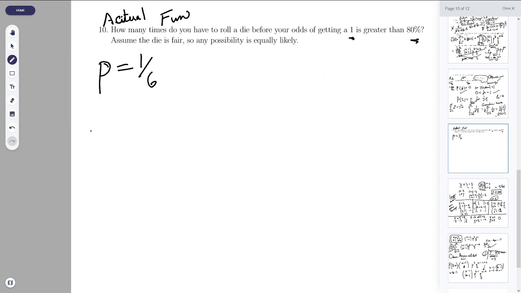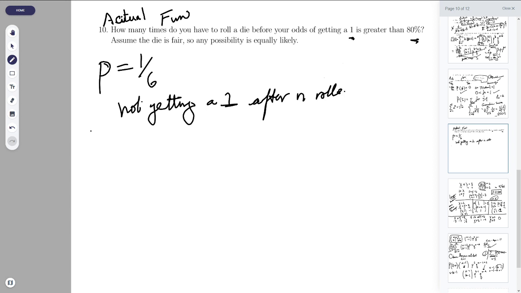Let's compute the probability of not getting a 1 after n rolls. The probability of not getting a 1 means the probability that we have no successes, X equal to 0 successes.